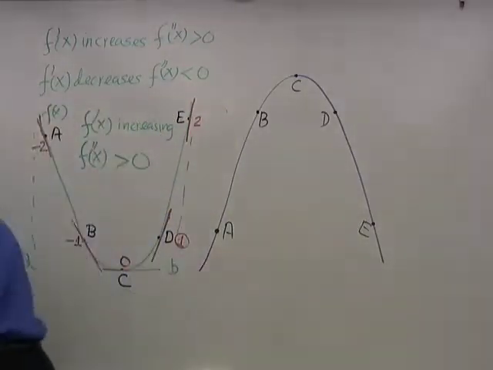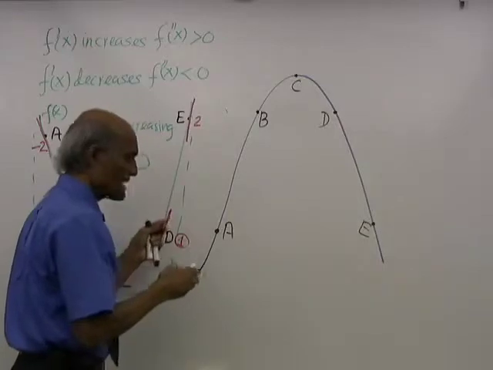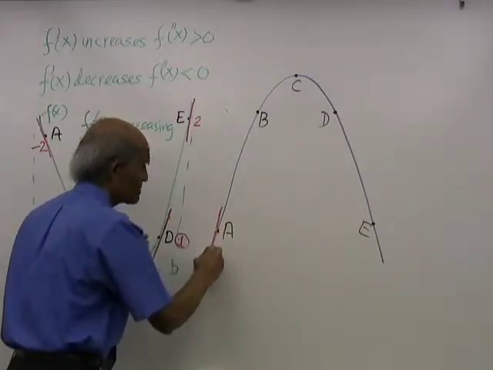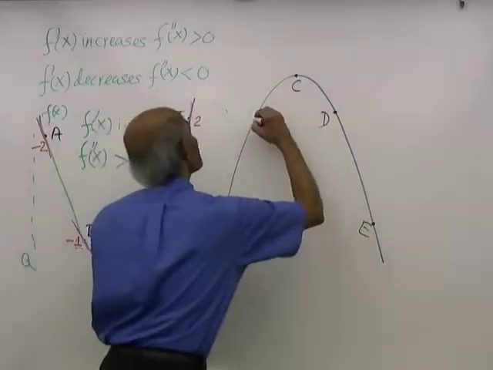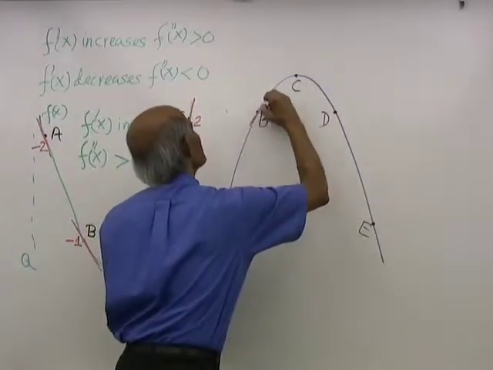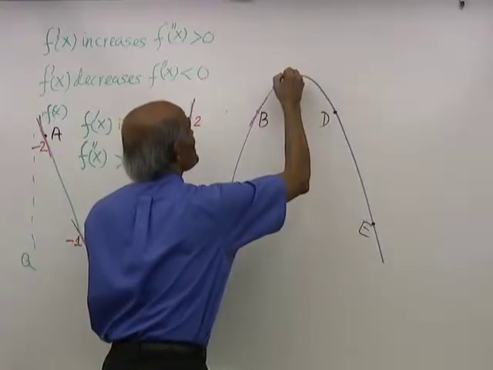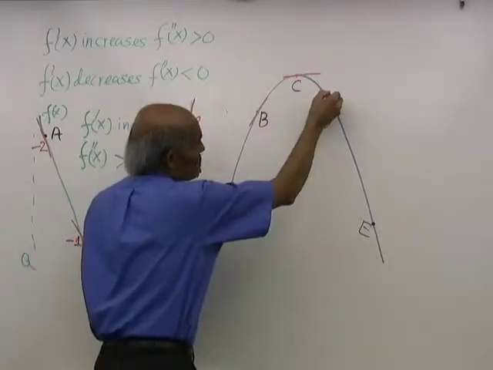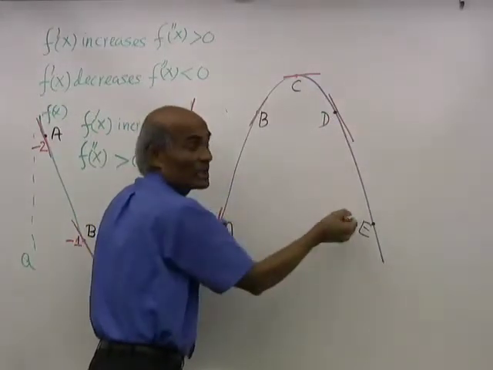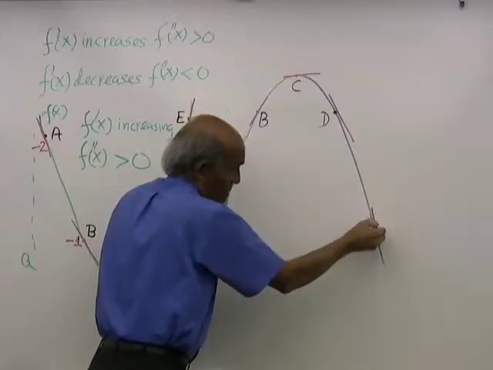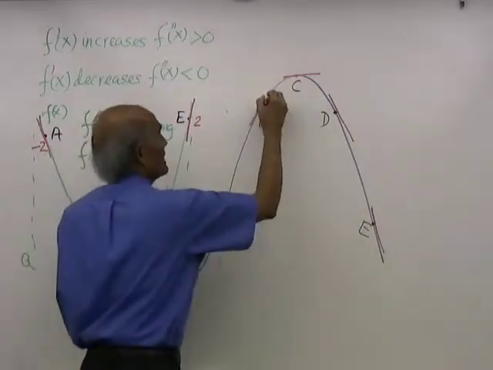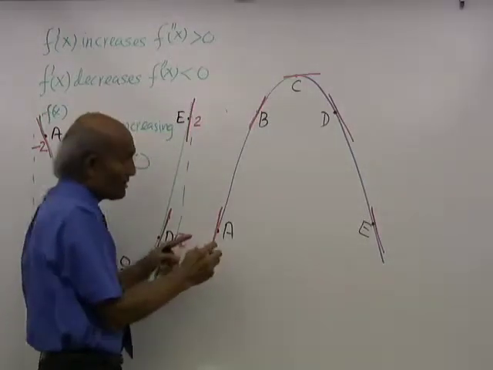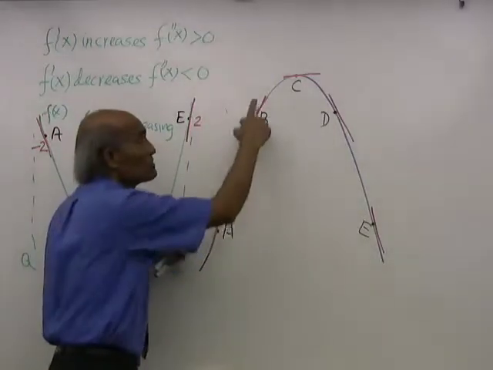Now tell me, if I draw the tangent lines at these points, I'm drawing a tangent line at x equal to A, a tangent line at x equal to B, a tangent line at x equal to C, a tangent line at x equal to D, and a tangent line at x equal to E. Now, I want you to give me approximate values of the slopes of these tangent lines.